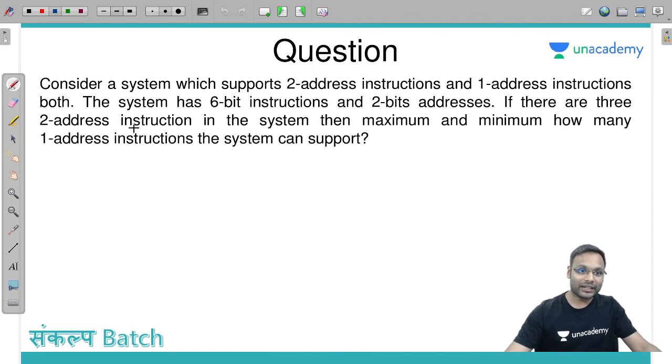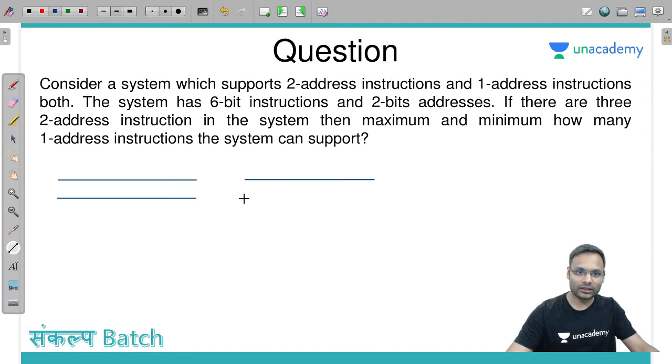So if two different types of instructions are supported, first of all draw the format of each type. Two address and one address type instruction supported. Okay, I have drawn the format. Two address type instructions will have opcode and two addresses.